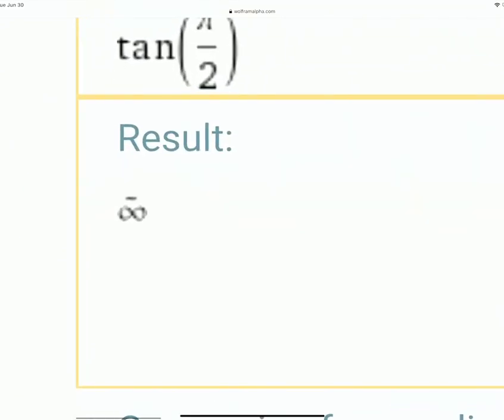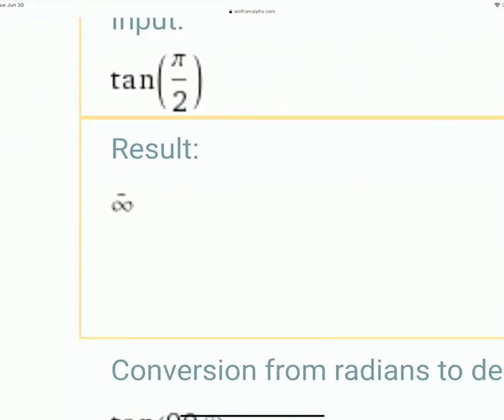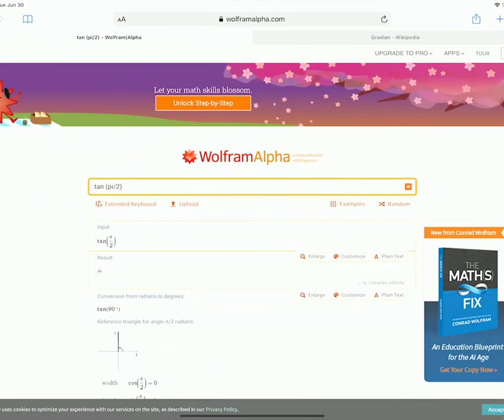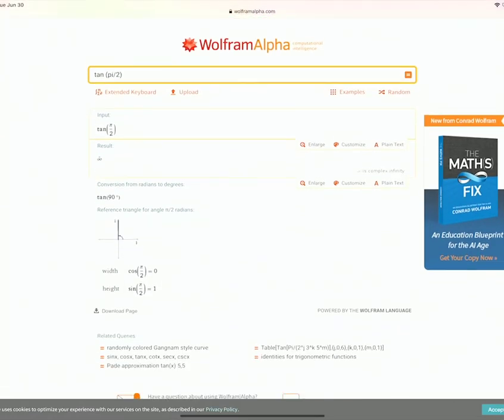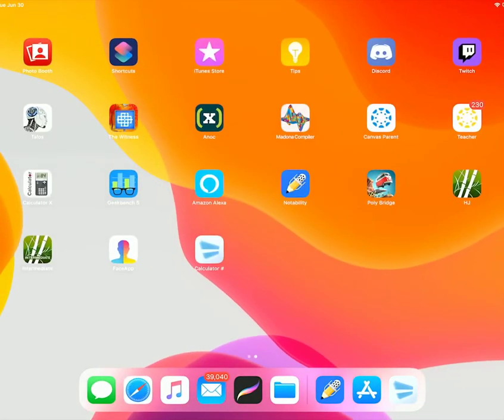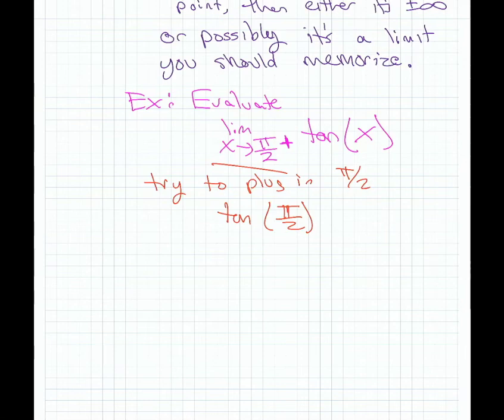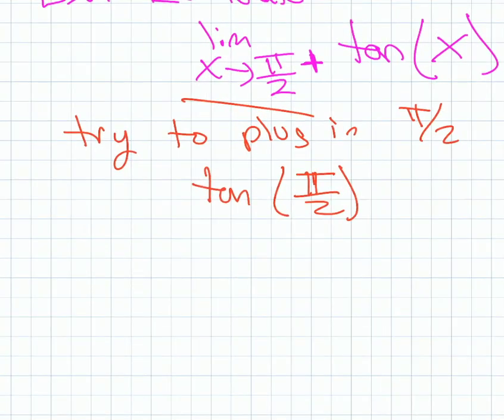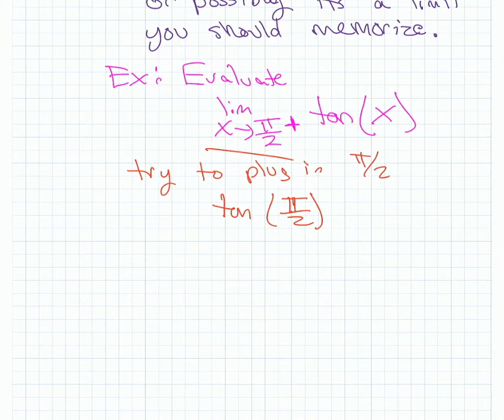That's a weird something infinity. I don't know what it's saying there. Okay, it's not a regular infinity, so that's not what you want. That's not a number that you can write as an answer here. When we try to plug that in there, it is undefined. We got a math error.